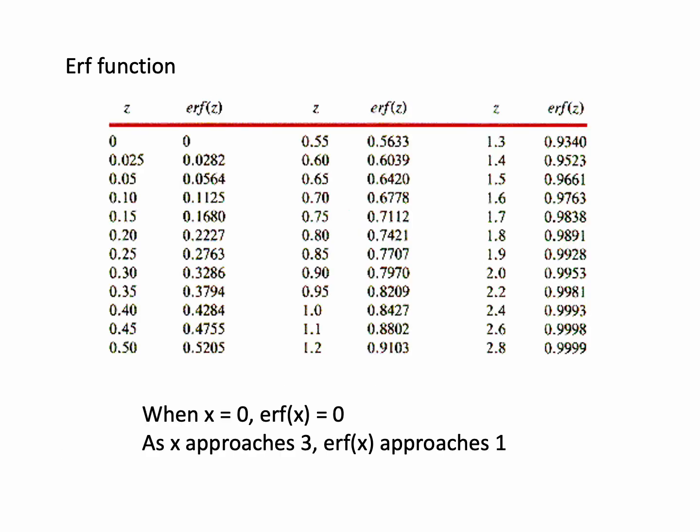Here's the table. You see they use z here, but when the value being acted on is 0, then the error function of it is 0, and when the value of z approaches 3, the error function approaches 1.